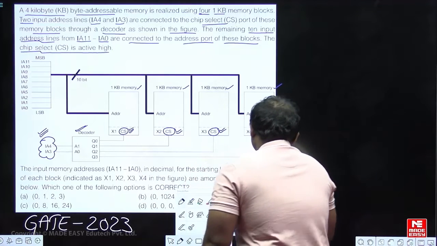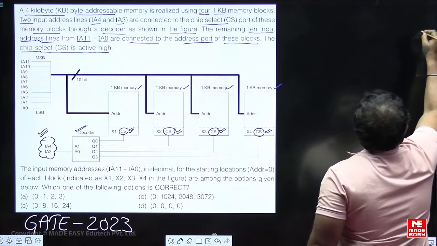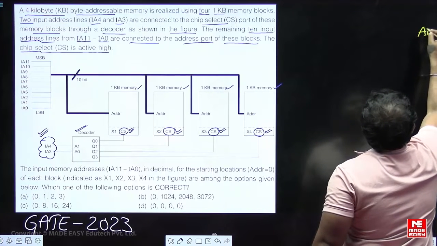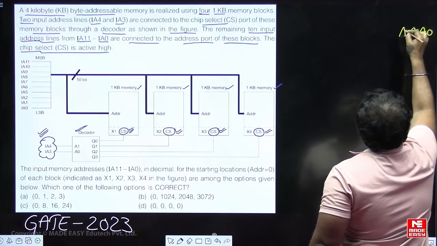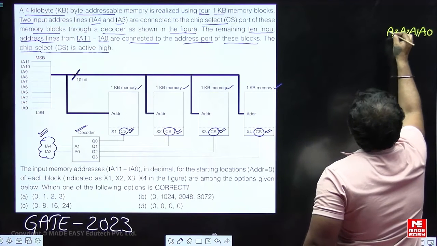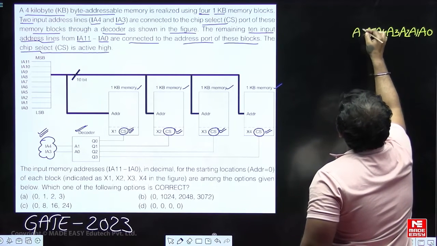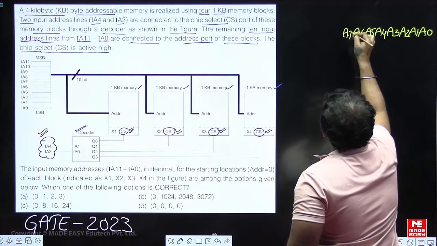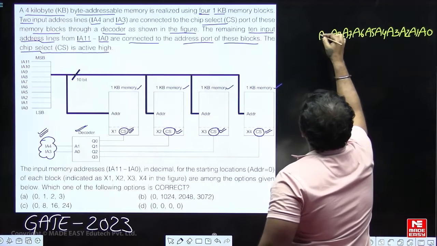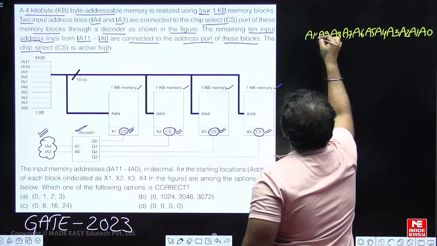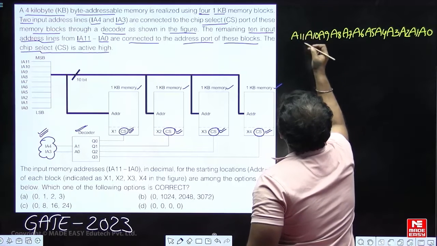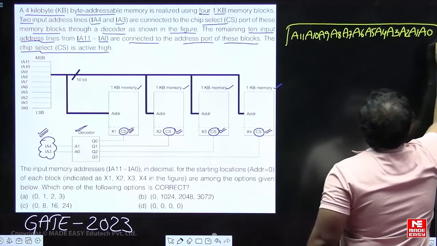After reading that question, we realized this: A0, A1, 2, 3, 4, 5, 6, 7, 8, 9, 10, 11. In total we have 12 address pins.